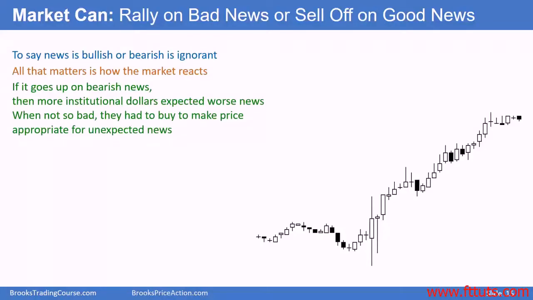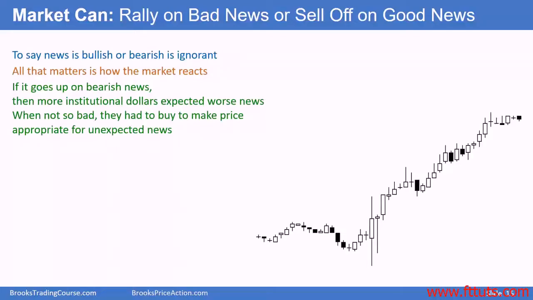Likewise, if the market goes down and the news sounds extremely bullish, that simply means that more institutional dollars expected better news, right? They were expecting the bullish news to result in a huge rally. And when the news was not quite as good as they thought it was, well, they priced in much better news than what they were expecting.